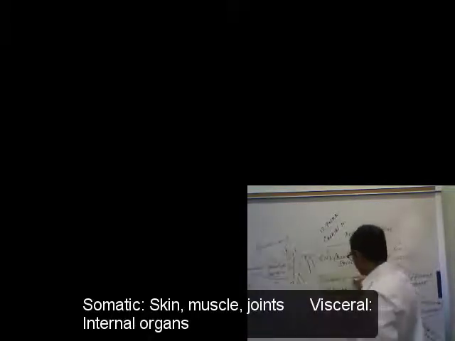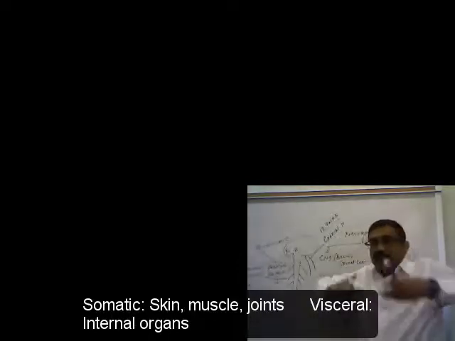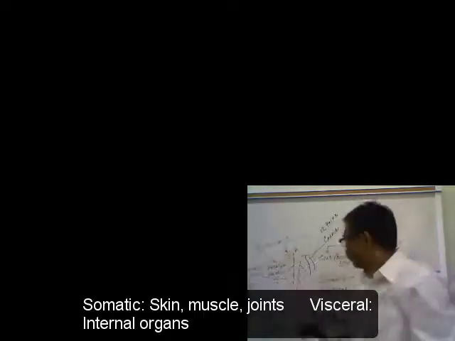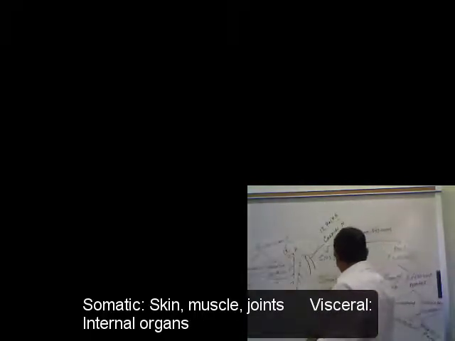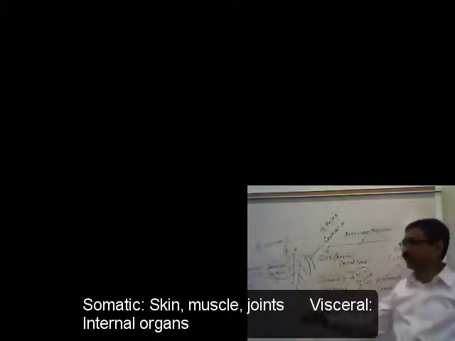The word somatic means the outer structures of the body. For example, your skin, muscles, skeletal muscles, joints. Those structures are called somatic, outer structures.